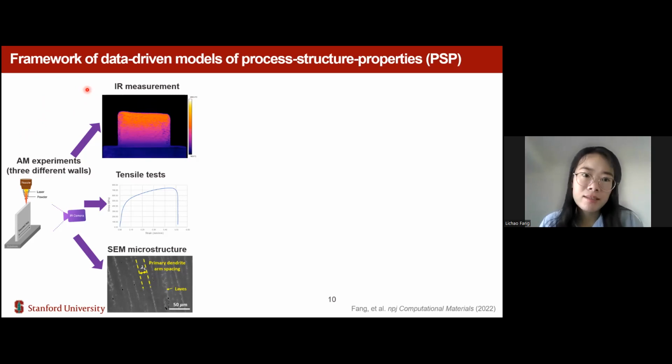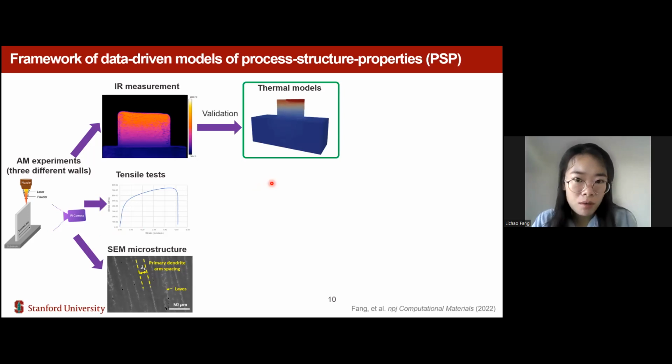That intensity is related to the temperature. And after the build, we did the tensile test to measure the mechanical properties, such as the strength, yield stress, UTS and modulus. And we also took small samples from the built parts and did SEM to look at the microstructure.